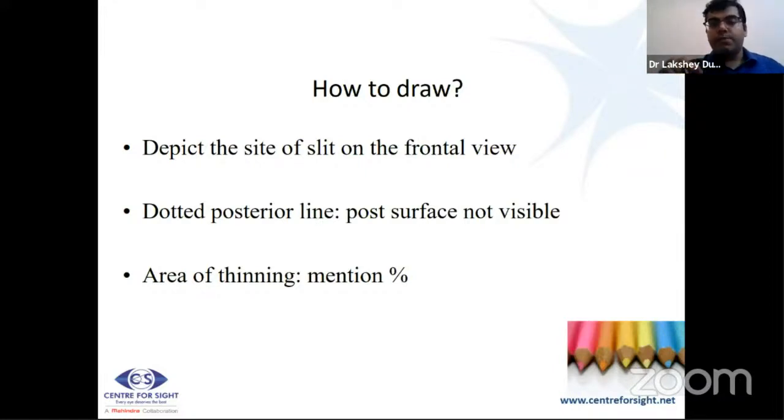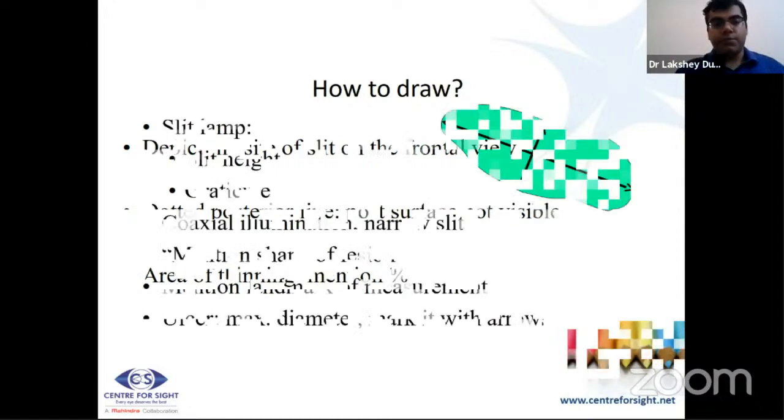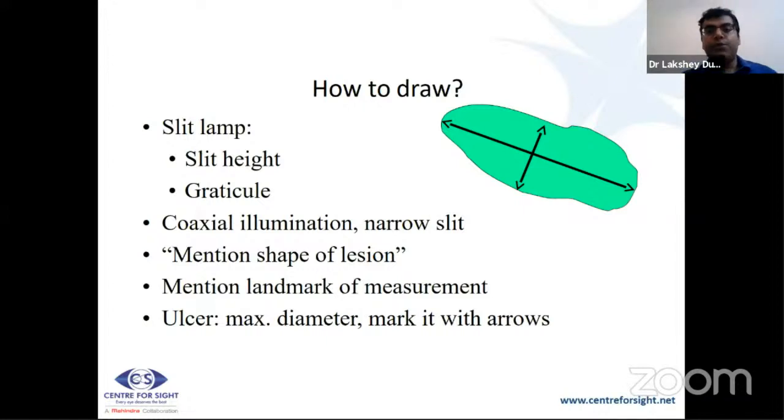You should always mention area of thinning in percentage. When you draw epithelial defect or stromal infiltrate, you should always write the measurements. So epithelial defect, you should write the maximum diameter and then a diameter perpendicular to the maximum diameter. Similarly for stromal infiltrate.